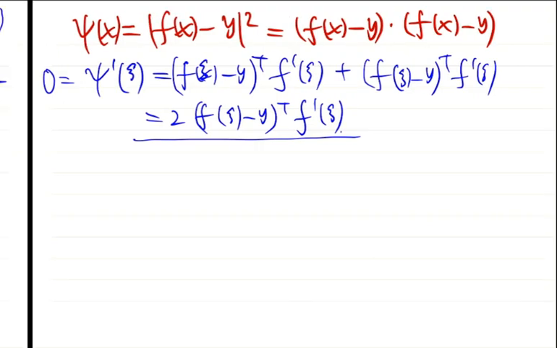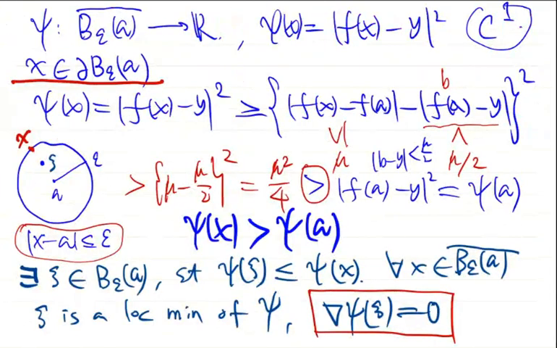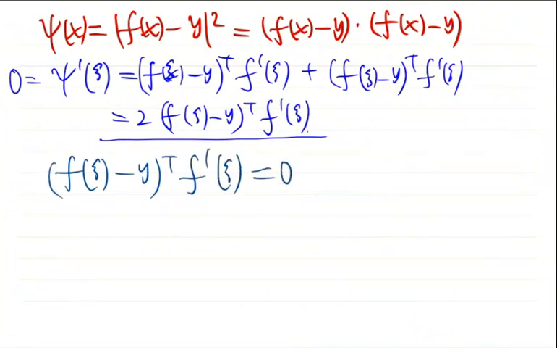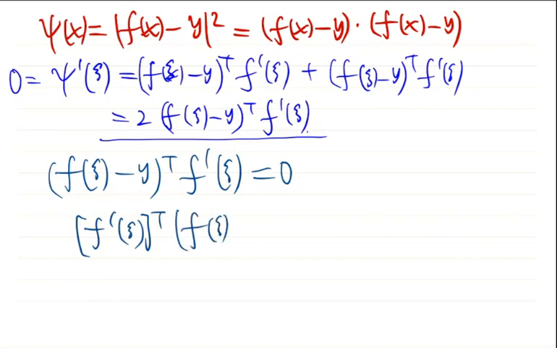So at this minimum point, we have f C minus y transpose f prime C is 0. Or you can have f prime C transpose f C minus y is 0.